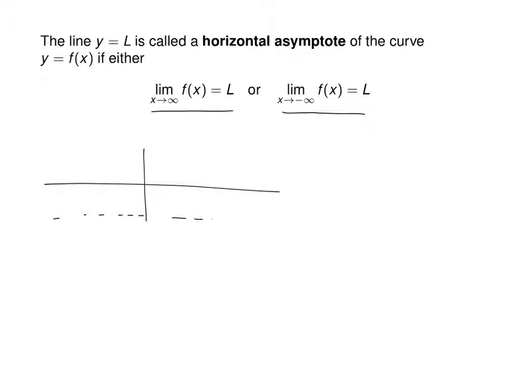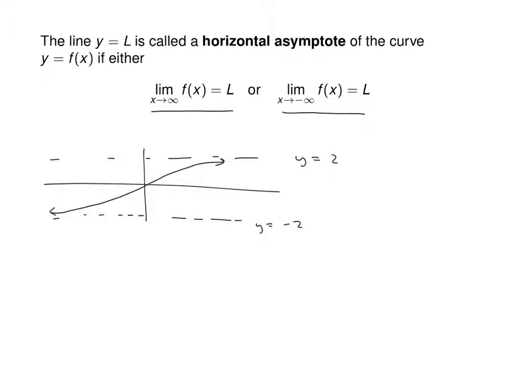Say here's the line y equals negative 2, and here's the line y equals positive 2. That function has two horizontal asymptotes. It approaches one as you go to positive infinity and one as you go to negative infinity. So when asked to check horizontal asymptotes, you do have to check both, unless you've got good reason to believe they're the same, and then you must explain that.